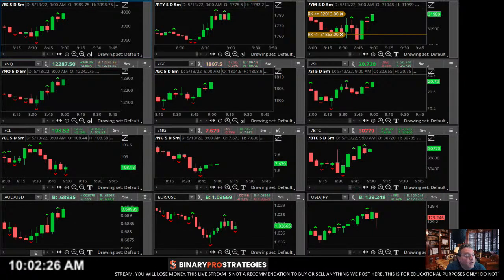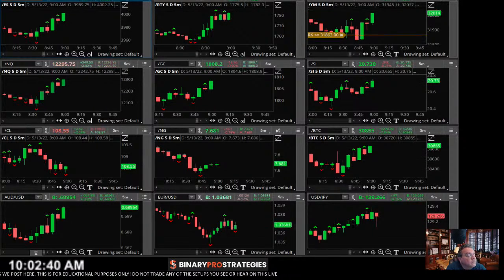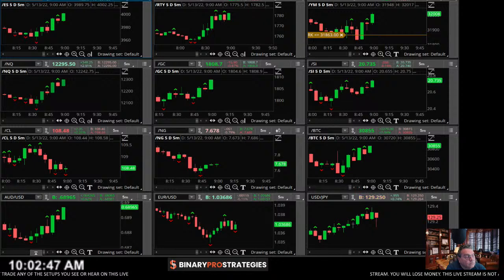Stop at 1805. Target on gold is going to bring us up to 1812. Profit target hit. And reversal on gold is going to be 1800.